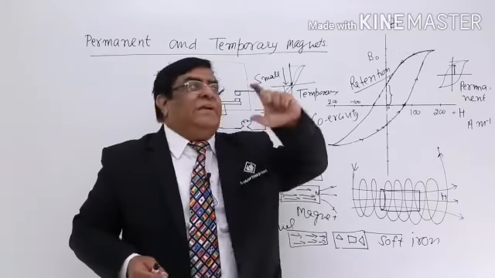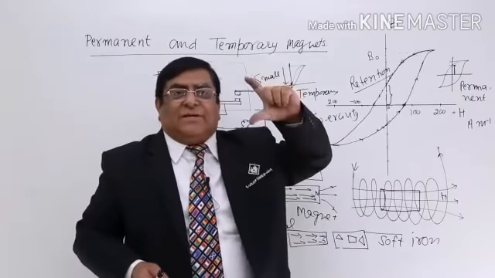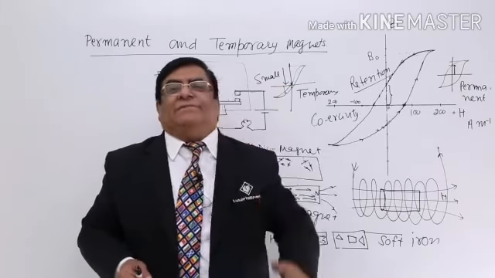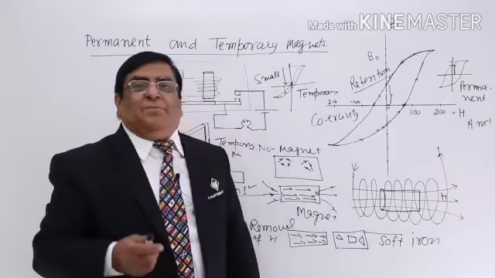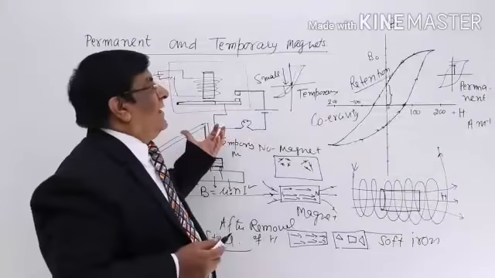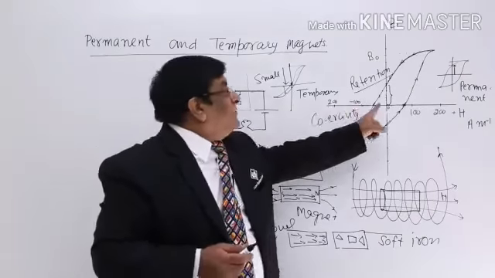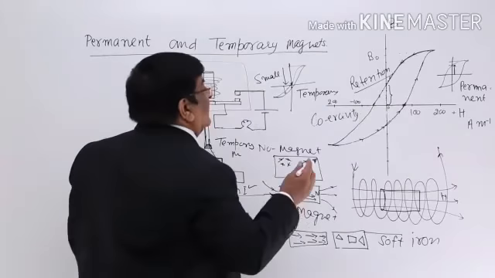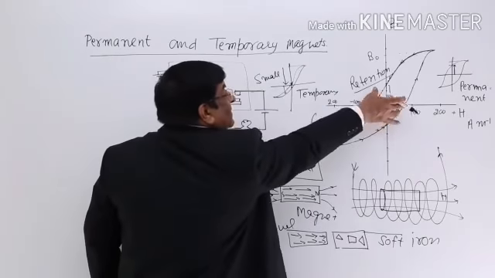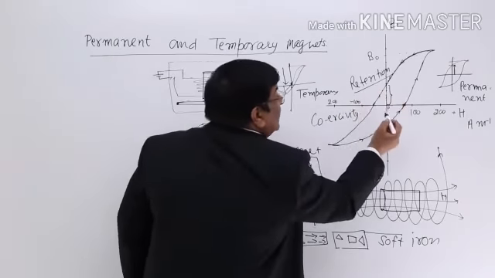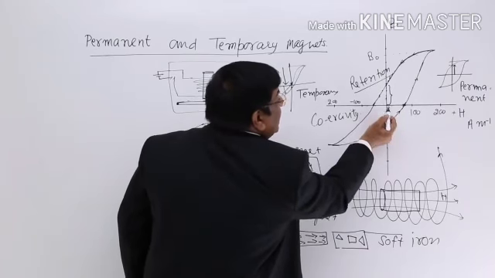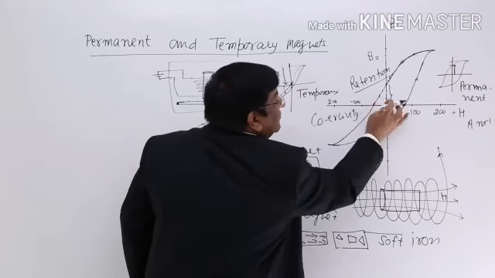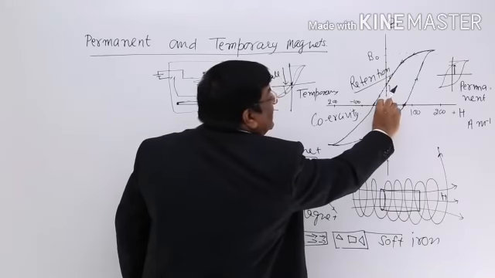The same thing we need in our buzzer. You have seen the buzzer: magnetization, demagnetization, and it makes a noise. So that is the importance of the soft iron core. Here also, if you want to decrease the losses, how can you decrease them? We can decrease the losses by reducing this area, so this becomes thin.